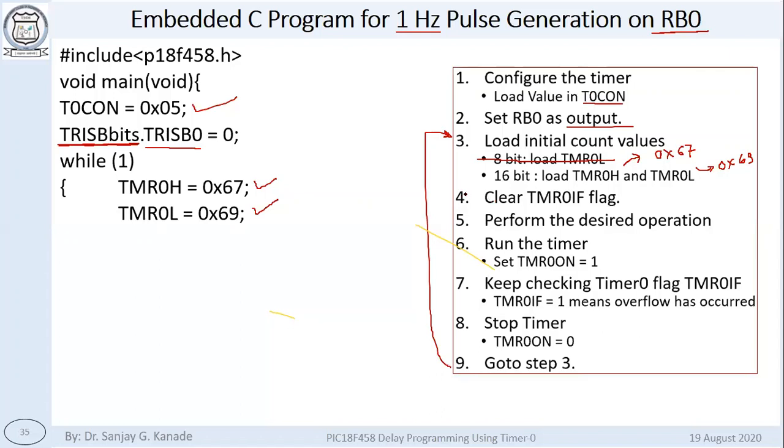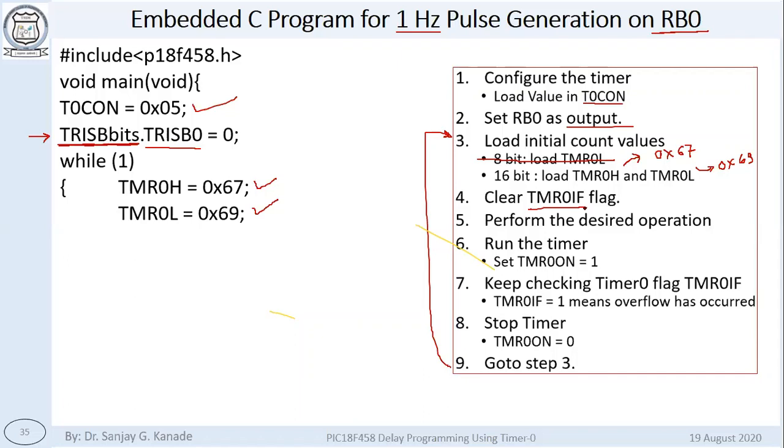Now the next step is what? Clear the TMR0IF flag. That again we will do using this kind of syntax. For that we must know where this TMR0IF flag is. TMR0IF flag is in which register? Do you remember?